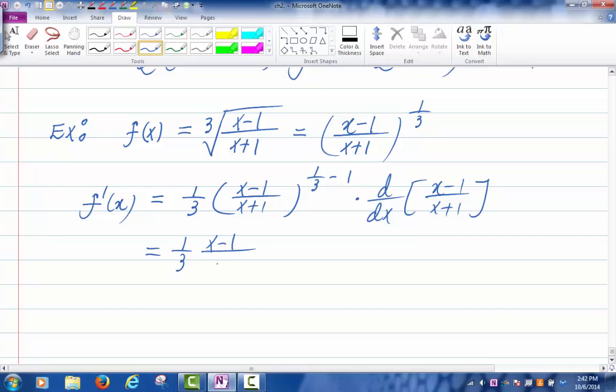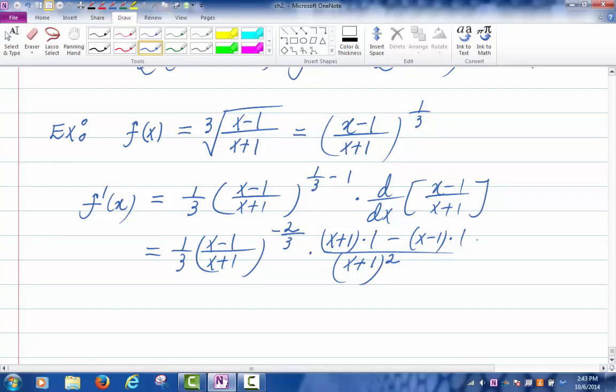So I get this, and this would be what? This would be x plus 1 times the derivative of the numerator minus x minus 1 times the derivative of the denominator, right? And you can simplify that out. Is everybody okay with that? Any questions on that?